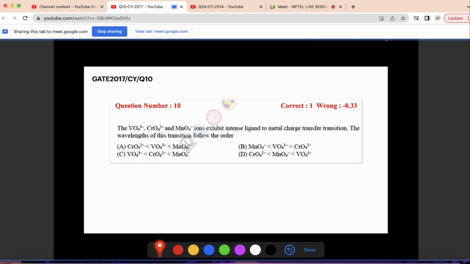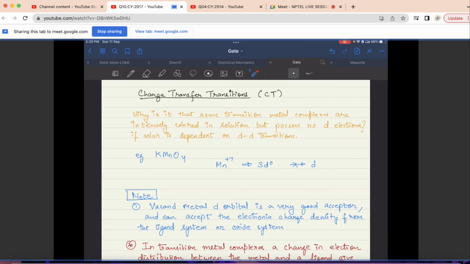So before that, let's move into some basics. The charge transfer transition is denoted as CT. So the question is why some transition metal complexes are intensely colored in solution but possess no d electron. We know that there is a possibility of dd transition and it shows color in the complex.